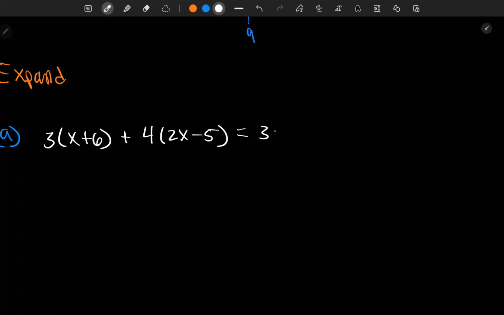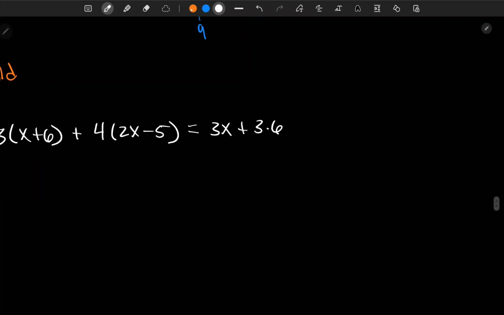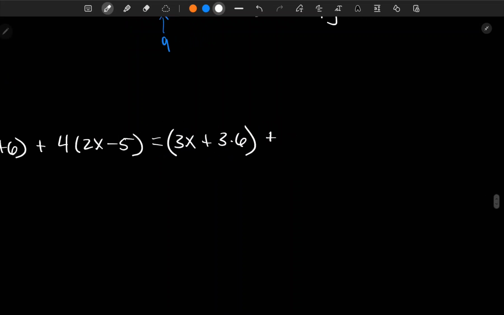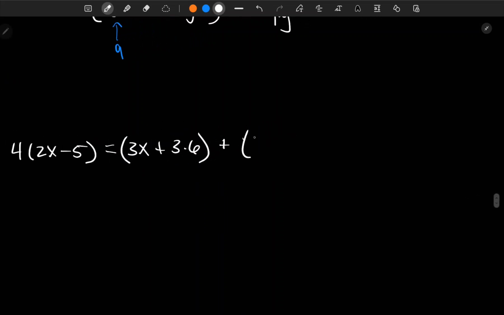So that becomes 3x plus 3 times 6. And similarly for the second term here, so it's plus, so I'll put this first one in parentheses, plus 4 times 2x minus 4 times 5.